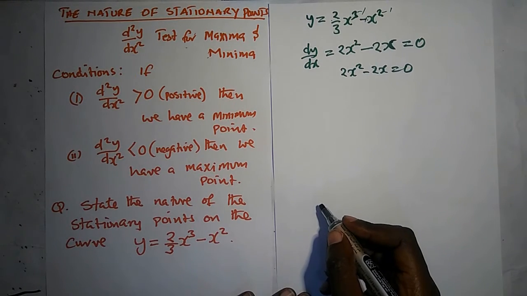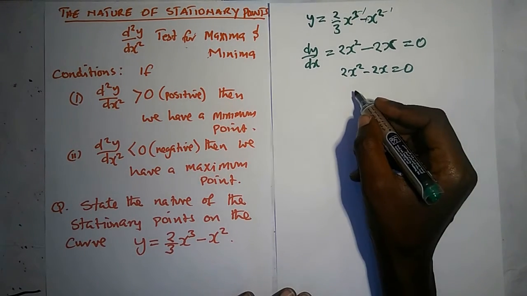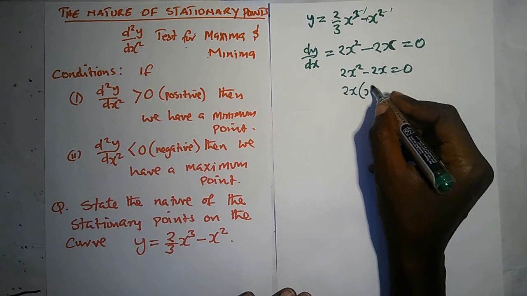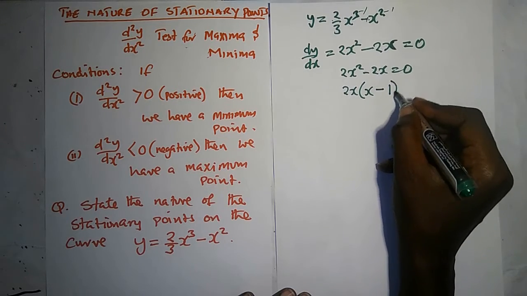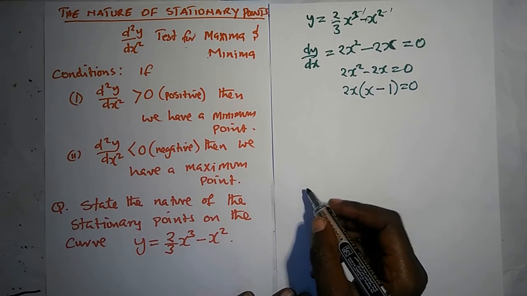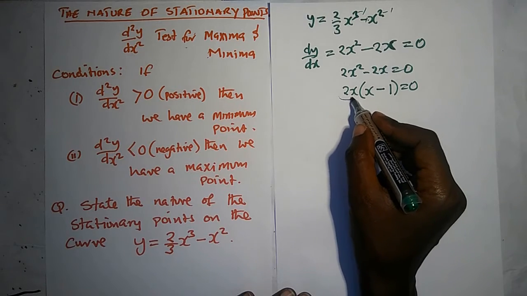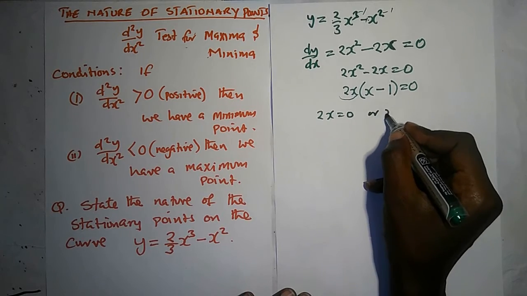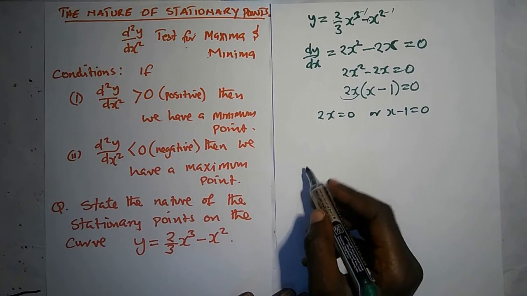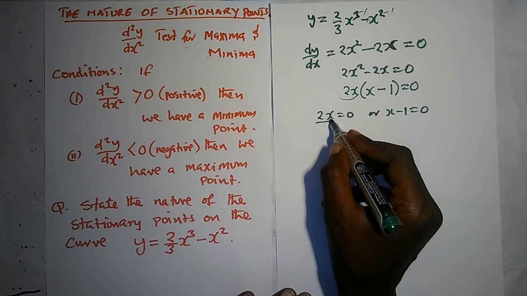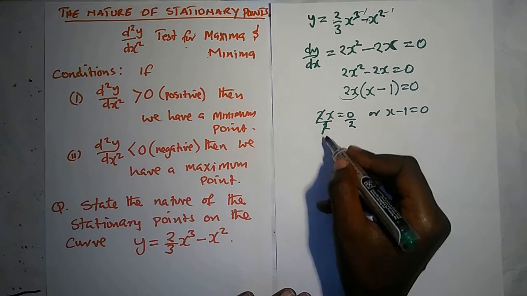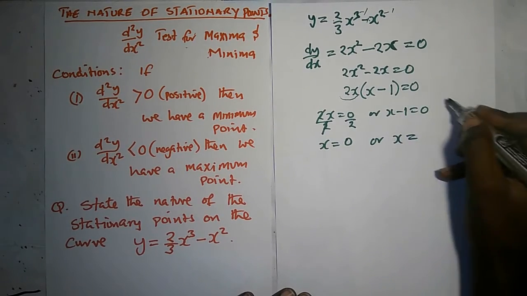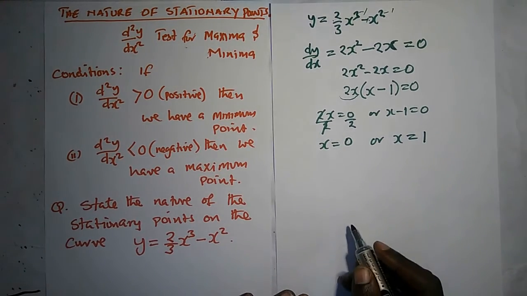We can factorize this: 2x, open brackets, x minus 1, is equal to 0. Then 2x is equal to 0, or x minus 1 is equal to 0. Dividing by 2 on the left side, we end up with x is equal to 0, or x is equal to positive 1.